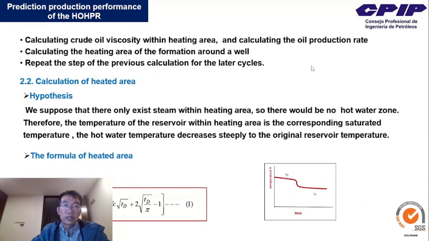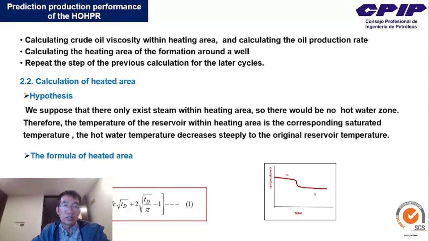Then calculate the crude oil viscosity within the heating area and calculate the oil production rate. Then calculate the heating area of the formation around the well, and repeat the previous calculation steps for the later cycles.